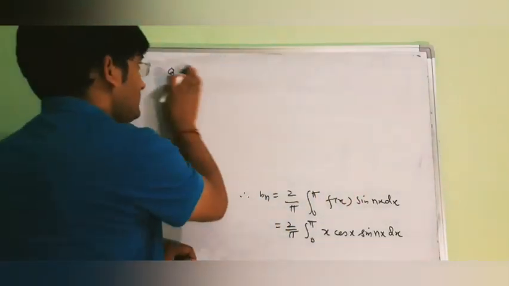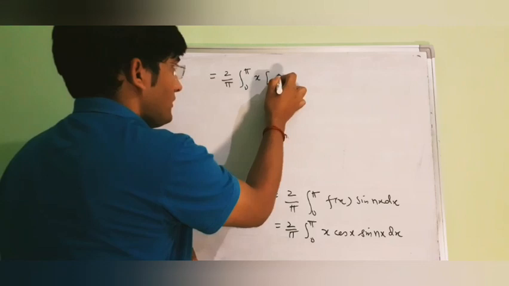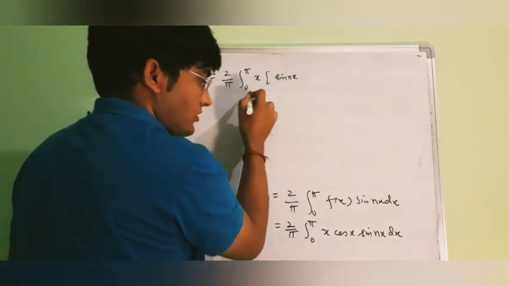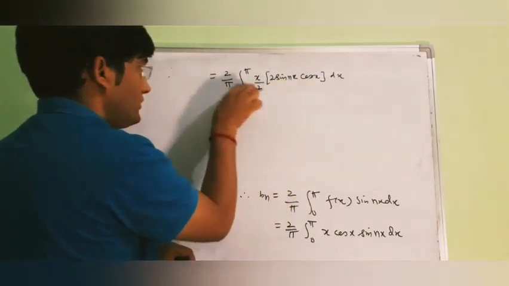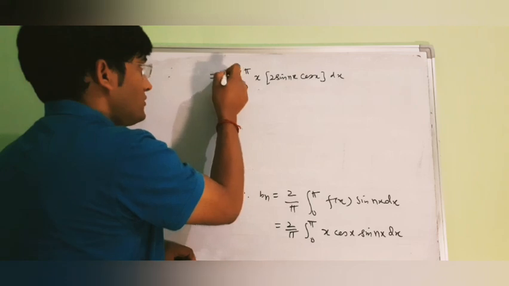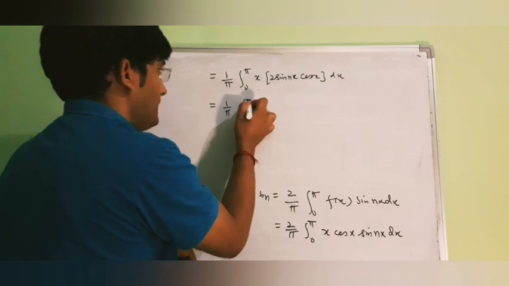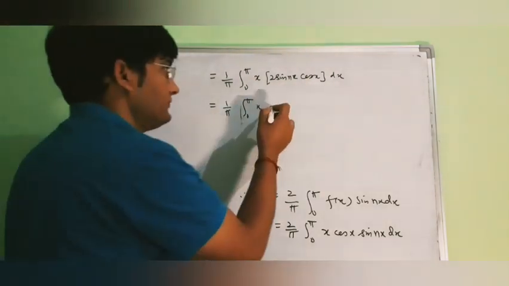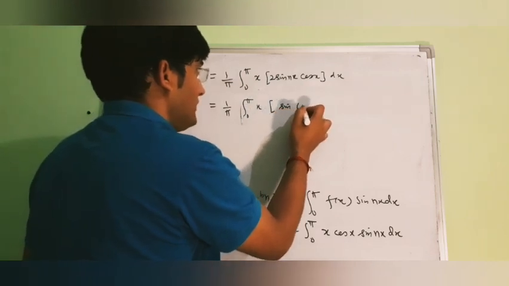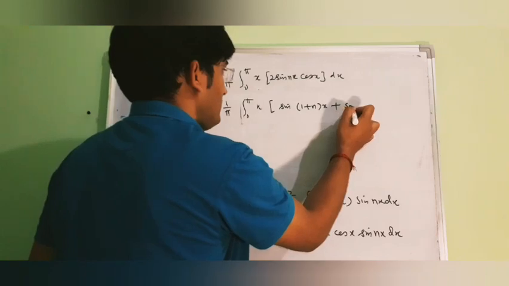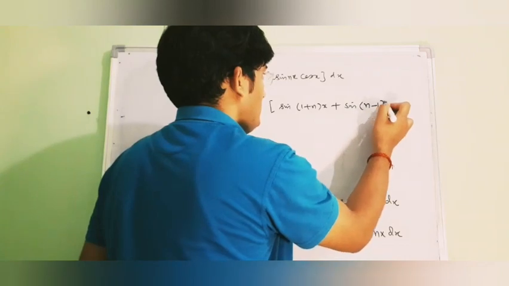We can also write it as 2 upon pi integral 0 to pi x sine nx into cos x into dx divided by 2. So just take this 2 inside. Now 2 sine a cos b will be sine a plus b plus sine a minus b, that means sine n plus 1 x plus sine n minus 1 x dx.